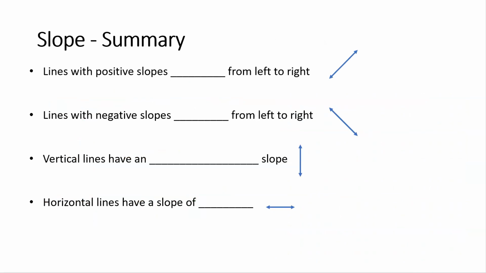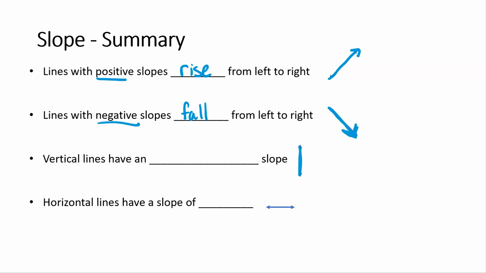Okay, let's sum this up. If you have a line with a positive slope, that means you're going up like this. That means you rise as you look from the left to the right. Lines with negative slopes, which look like this, means you fall. If you have a negative slope, your line is falling as you look from the left to the right.